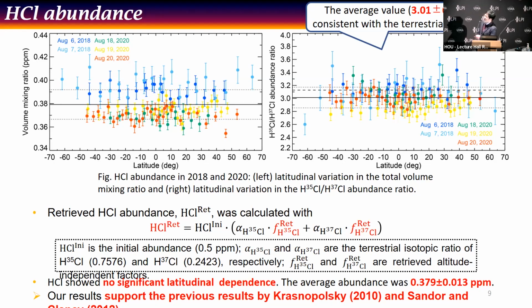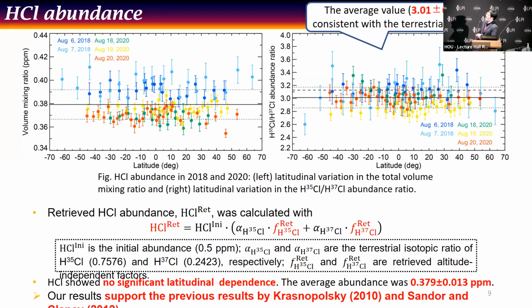As you can see, HCl showed no significant latitudinal difference, and the average abundance was 0.379 ppm. So our results support the previous ground-based results by Krasnopolsky and Sato and Clancy.